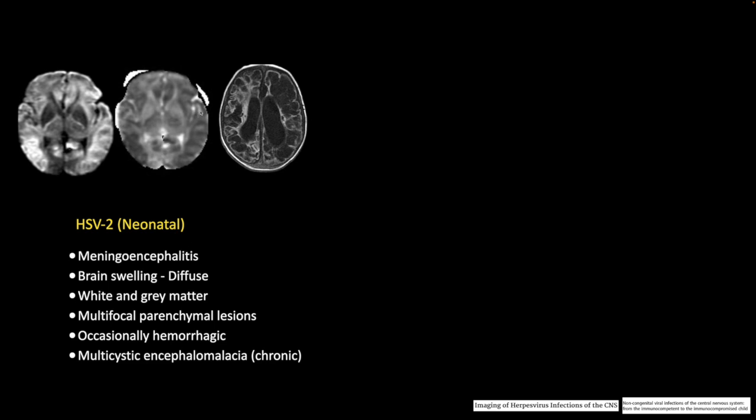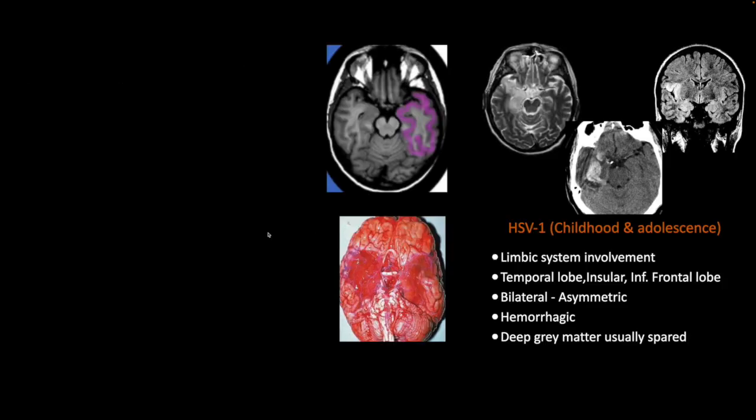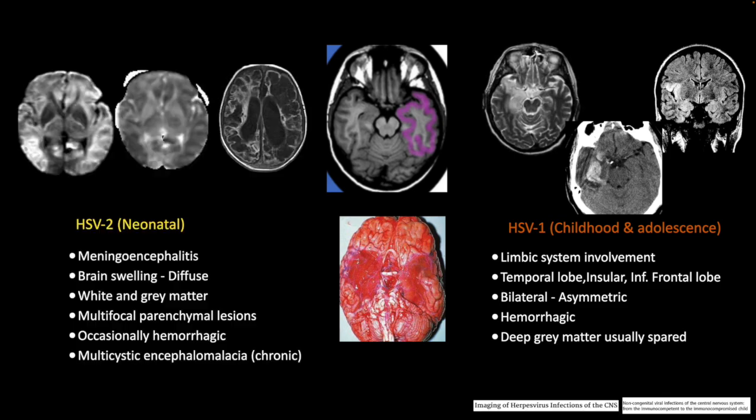In the chronic stages, it can somewhat mimic a hypoxic ischemic injury. Multifocal encephalomalacia can be seen. Whereas HSV1 has more limbic system involvement, more hemorrhagic components, and very rarely affects the deep gray matter structures. So HSV2 and HSV1 have different imaging manifestations based on the time of infection.